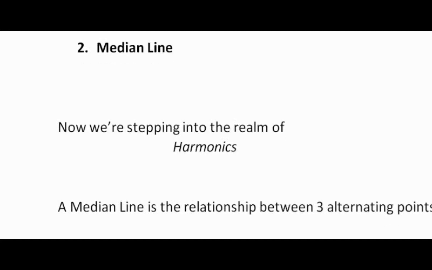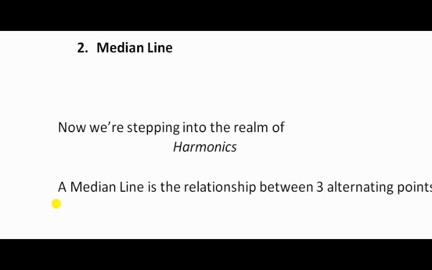All right, so when we're talking about the median line, we're talking a little bit about harmonics. So a harmonic is a place of balance. Okay, so when we say median, we're actually talking about the middle. So it means that we are talking about a zone where we are at equilibrium.